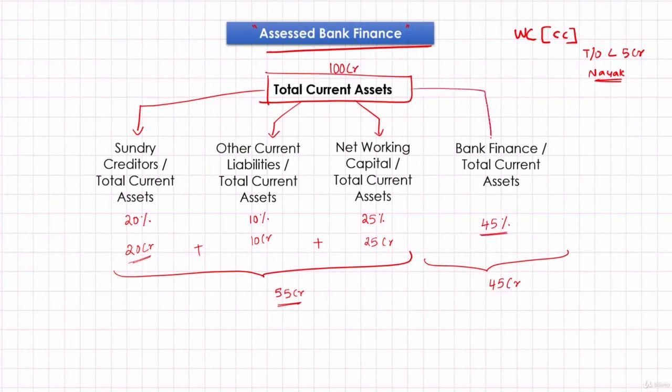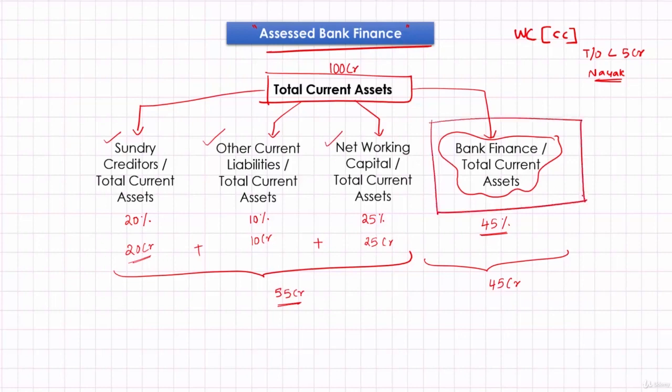The point we have to appreciate here is that under assessed bank finance, the bank finance is arrived at as a balancing figure. That is, sundry creditors are funding the business, other current liabilities are funding, net working capital is also funding, and only the balance portion should be funded by the bank.